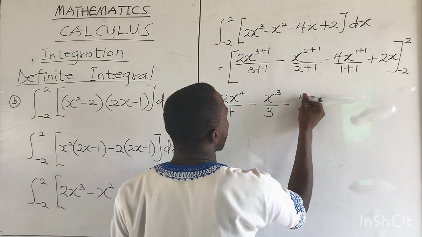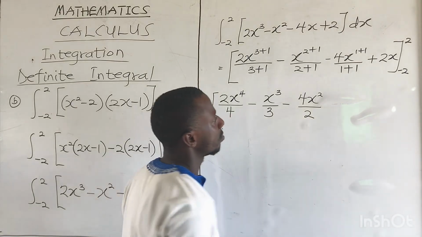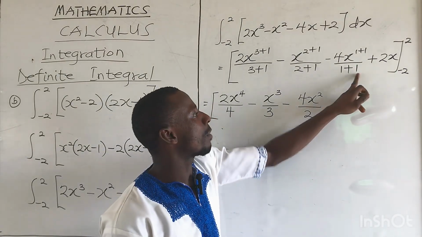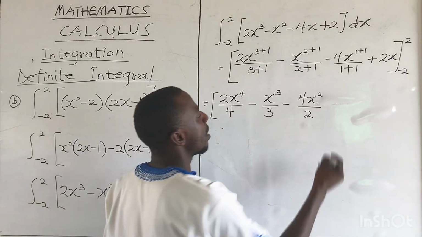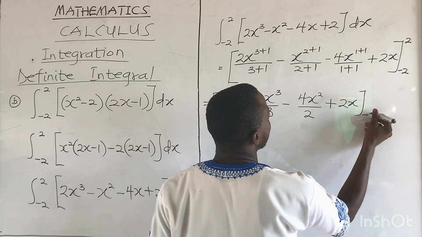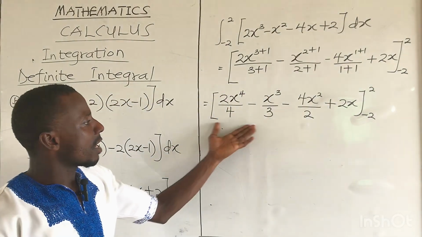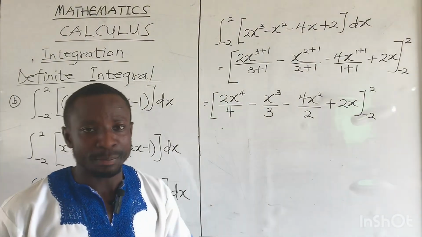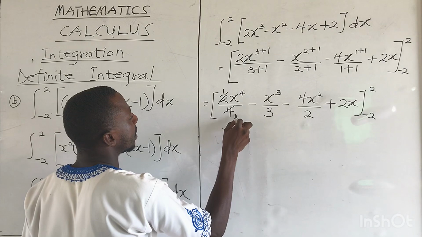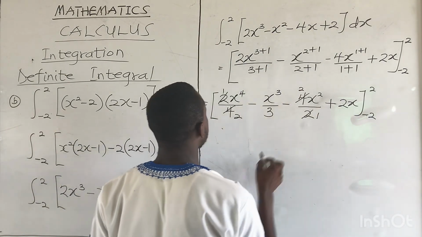Minus 4x squared all over 2. 1 plus 1, we have 2 as the exponent, and 1 plus 1, we also have 2 here. Plus 2x. The limits are negative 2 to positive 2. Now from here, we can simplify them further. 2 goes here 1, 2 goes here 2, 2 goes here 1, 2 goes here 2.